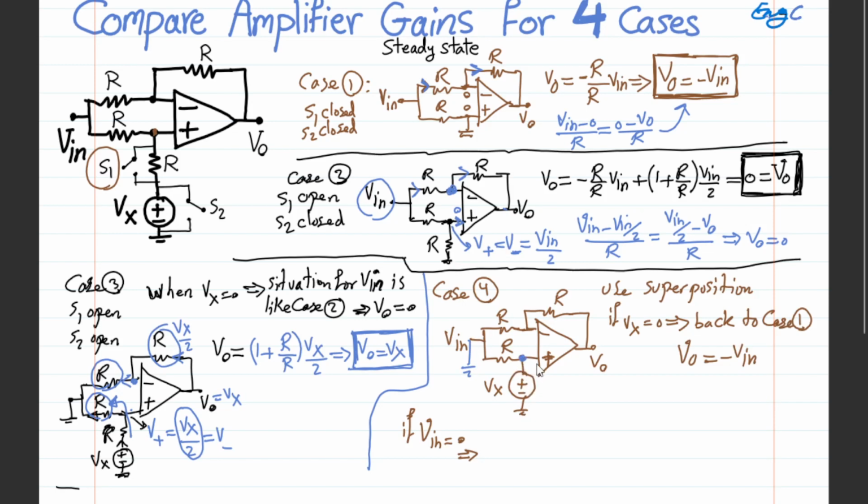That means you have a non-inverting amplification, Vx at the positive terminal, and you can just simply solve it.